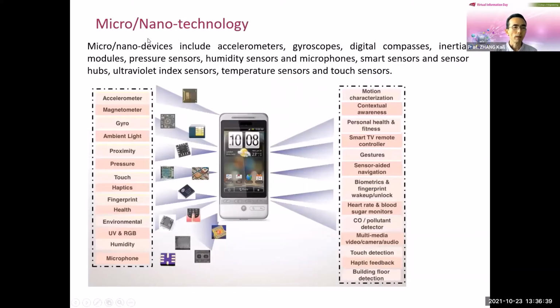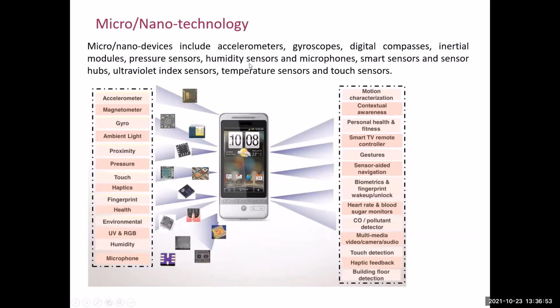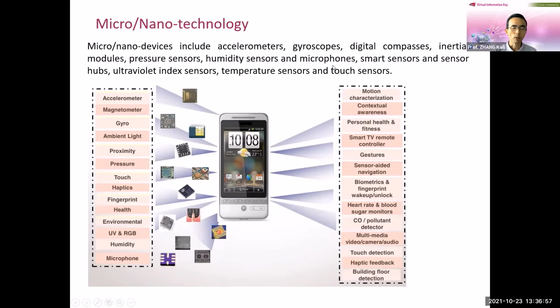In fact, micro nano technology is one of the trends in engineering, not only in mechanical engineering, but also in other areas. Micro nano devices, including digital compasses, pressure sensors, and human sensors, are being made and used in our everyday life. Let's take the cell phone, for example. We are using cell phones every day.